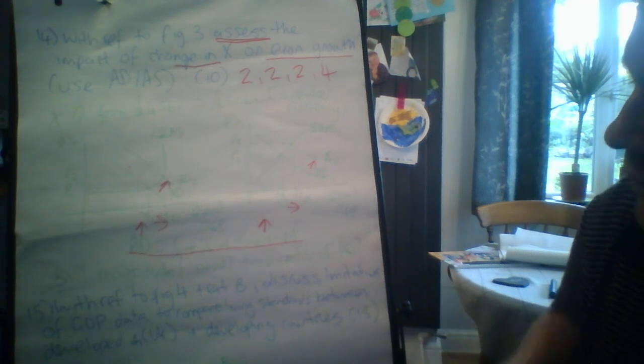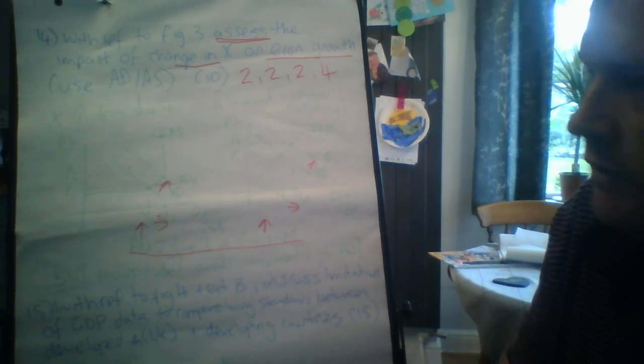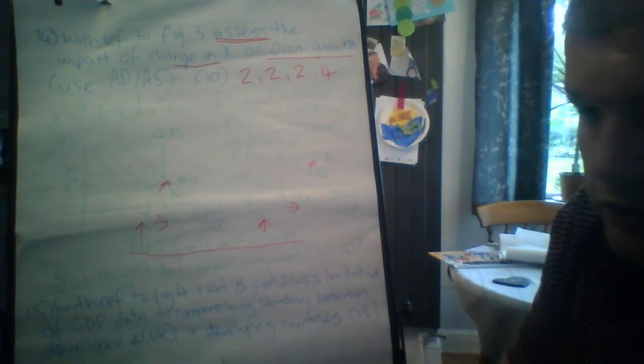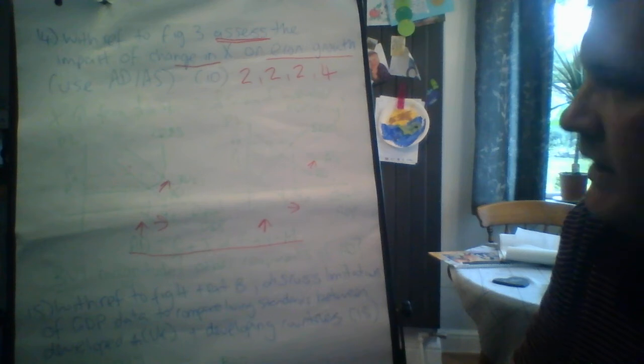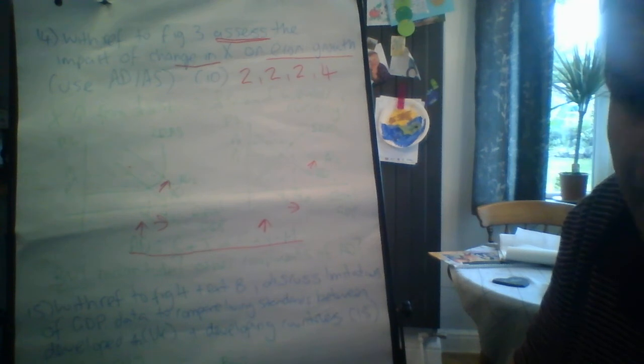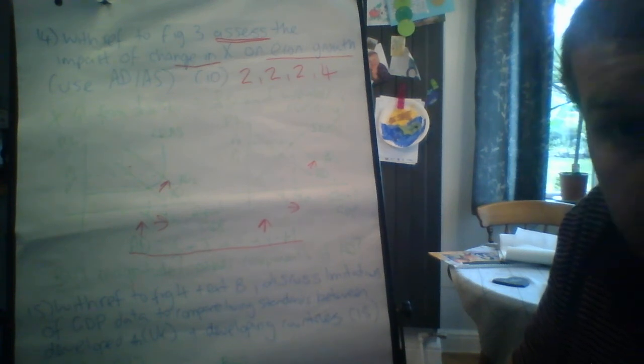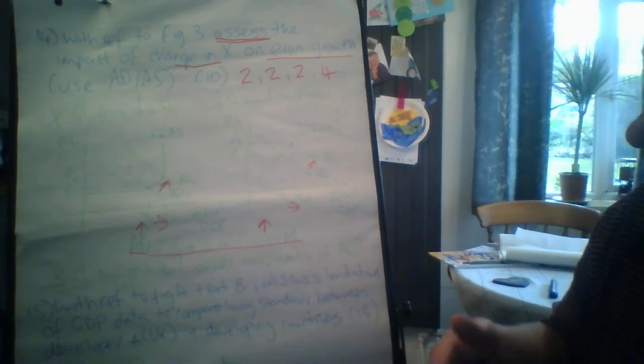I could go into more detail and think about how this could lead to multiplier effects, how it could create more jobs. That could lead to growing household incomes and more consumption, how it could improve animal spirits and encourage more firms to invest due to higher profits. I could do that, and that would add to my analysis marks.